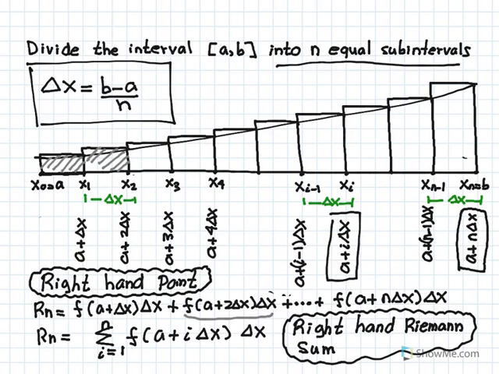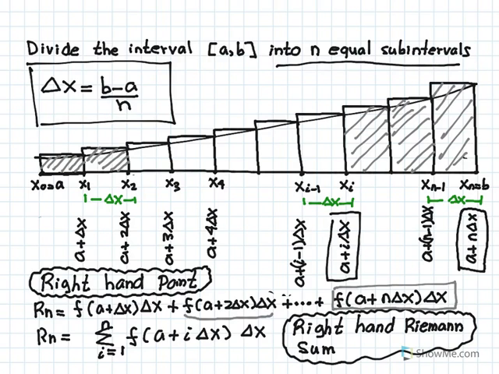And we add up these rectangles, and the area of the very last rectangle is f of (a plus n delta x) times delta x. This expression represents the area of this last rectangle. And so we're basically adding up these rectangles, and this represents the right-hand Riemann sum with n rectangles.